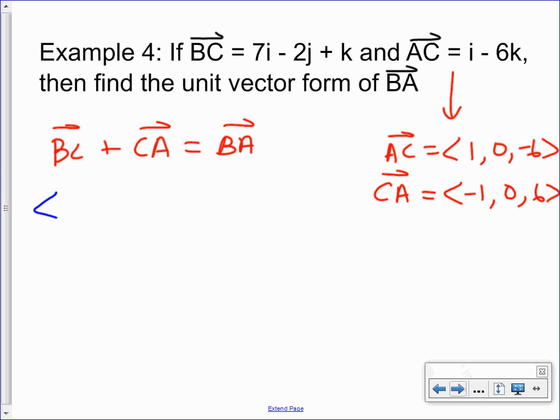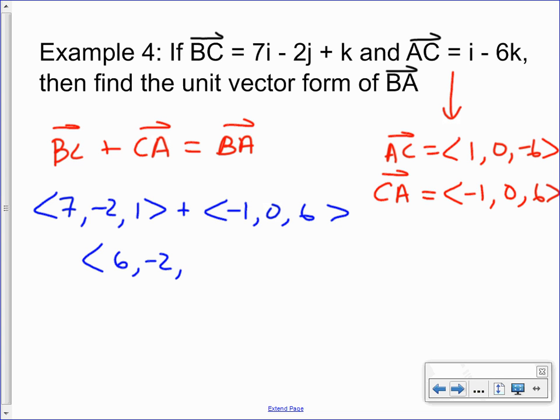So BC is 7, negative 2, 1, plus CA is negative 1, 0, 6, which is 6, negative 2, 7, which is BA. True?